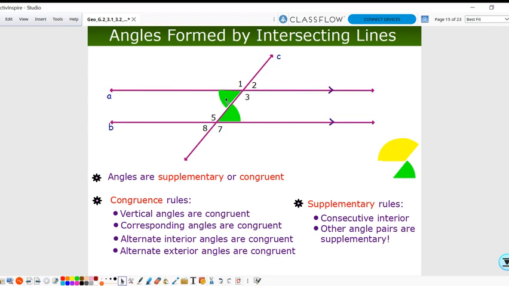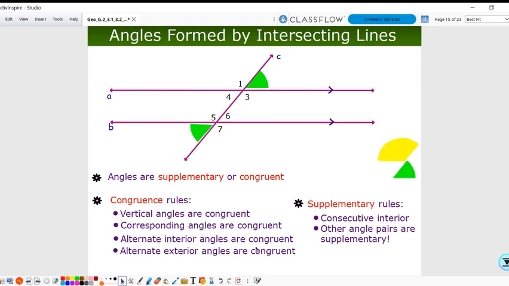These are alternate interior angles. They will be congruent. Same thing with 5 and 3. They're alternate interior. They're also congruent. We can see the same for alternate exterior angles. Angle 2 and angle 8 will be congruent. Angle 1 with angle 7 will be congruent.